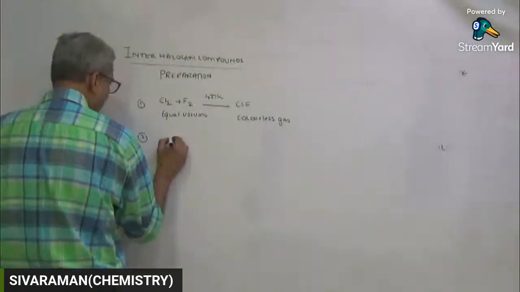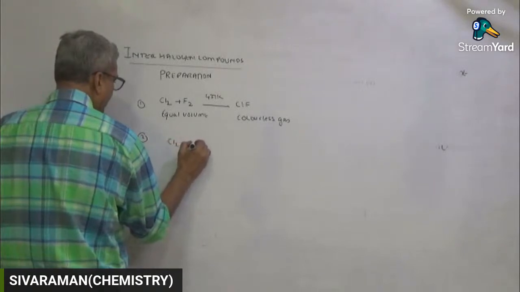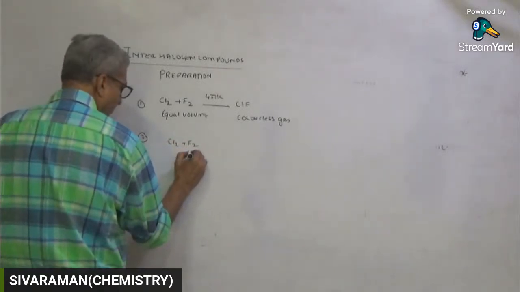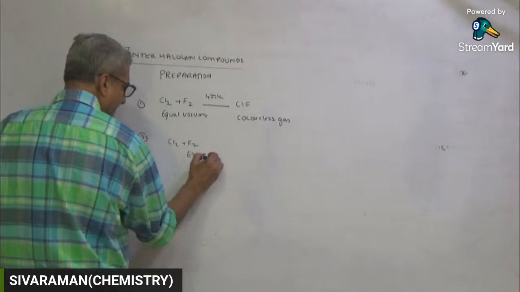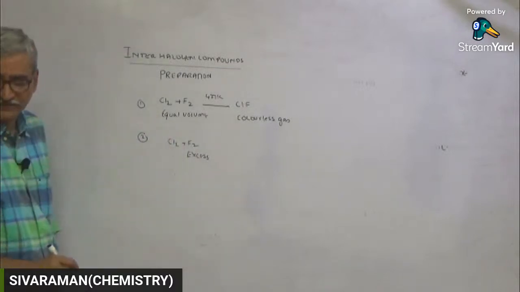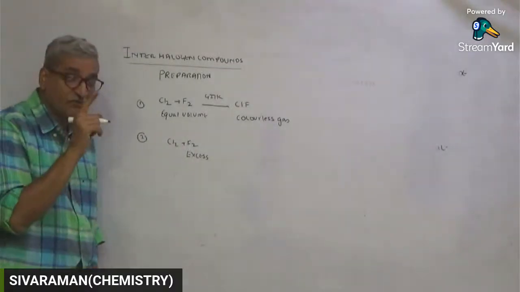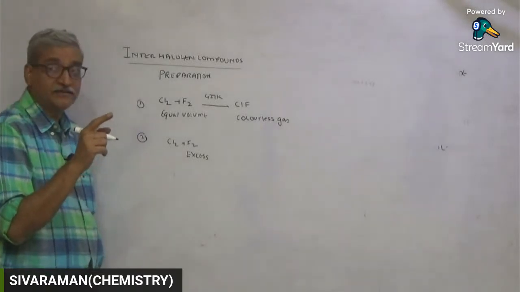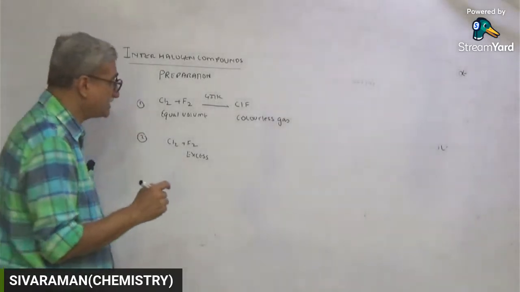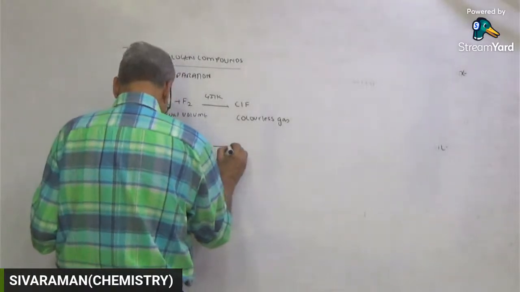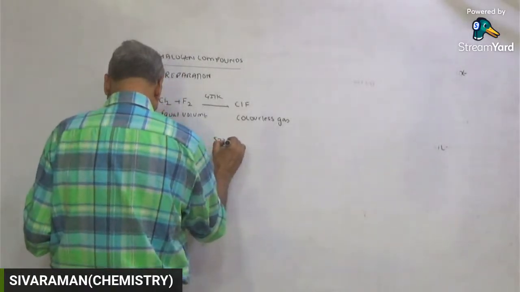The second one is what? When you take chlorine plus fluorine, where fluorine is in excess. So you have to always check what they are asking, whether it's equal volume or in excess. If it is in excess, then what happens at 573 Kelvin?